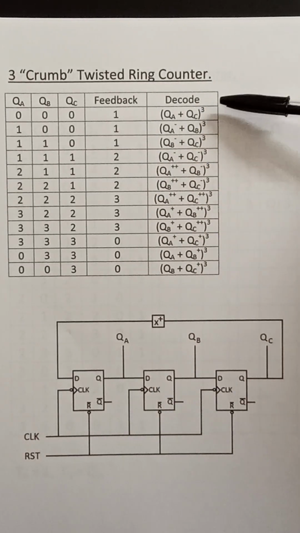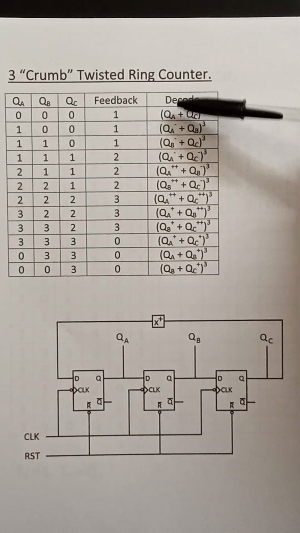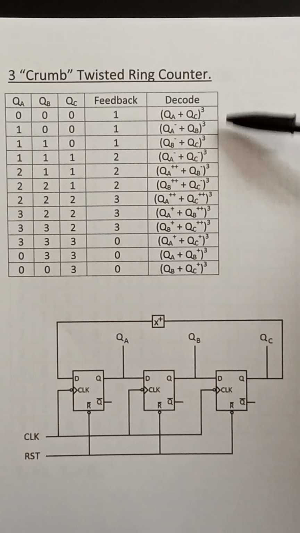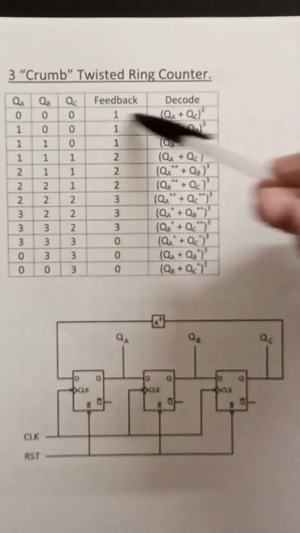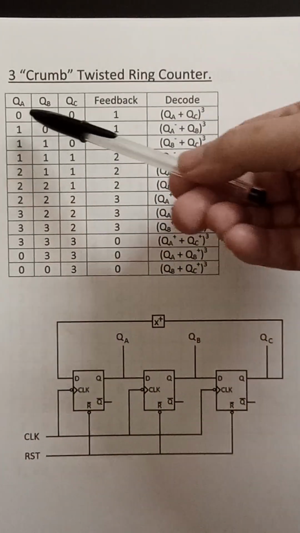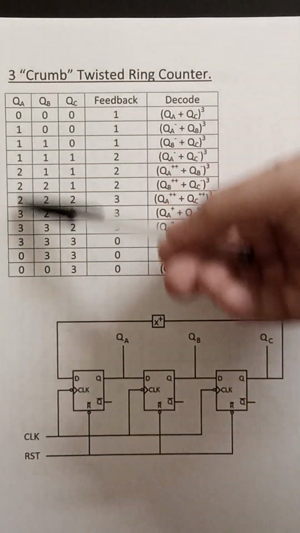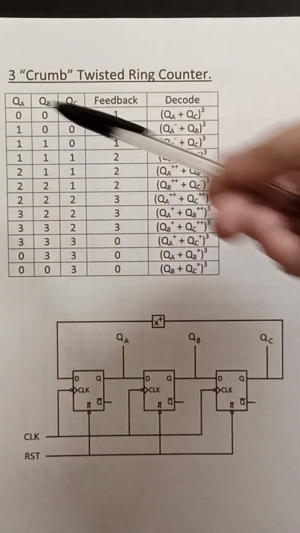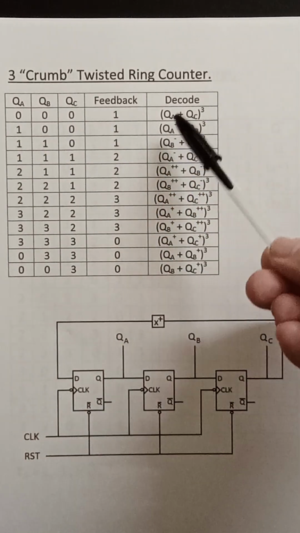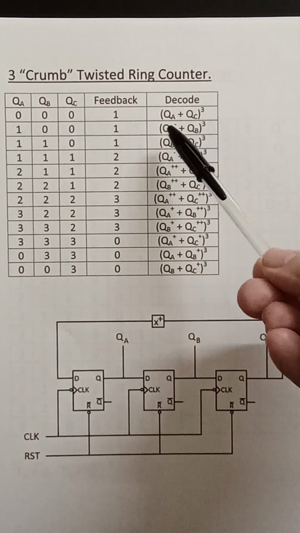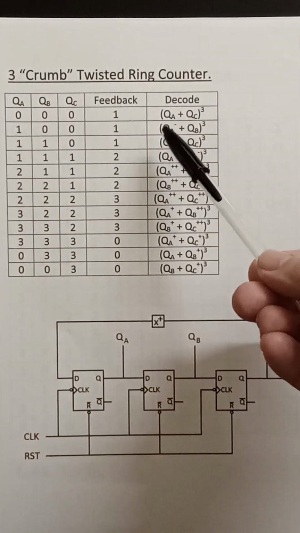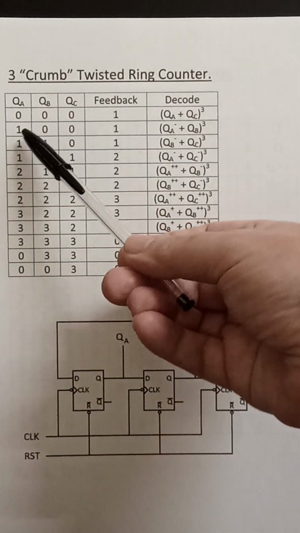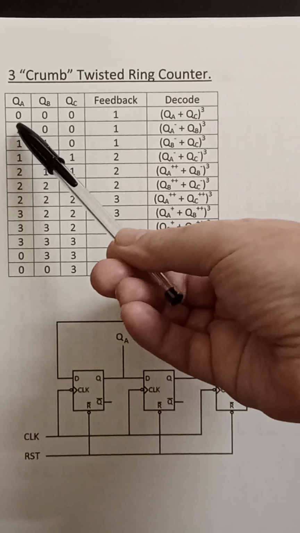Then the x3 function gives a 3 if the term in the bracket is 0, and a 0 otherwise. So that gives a 3 for this line only, because QA and QC are zeros only on this line. Similarly for this line here, QA is a 1 and QB is a 0. So QA minus would be a 0 when QA is a 1.